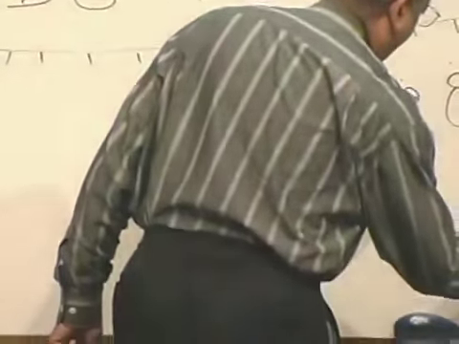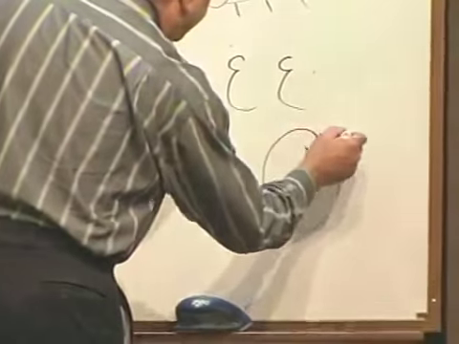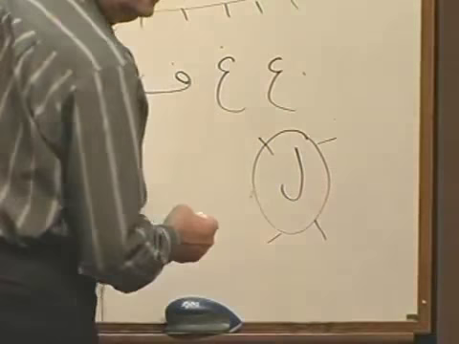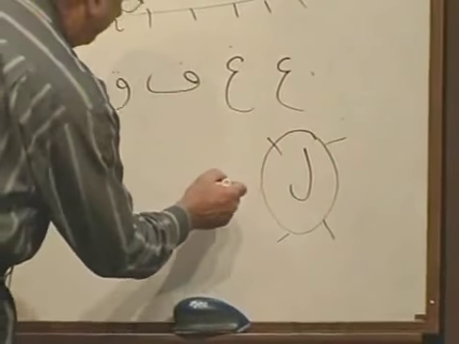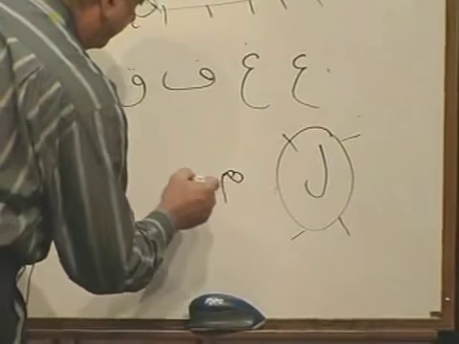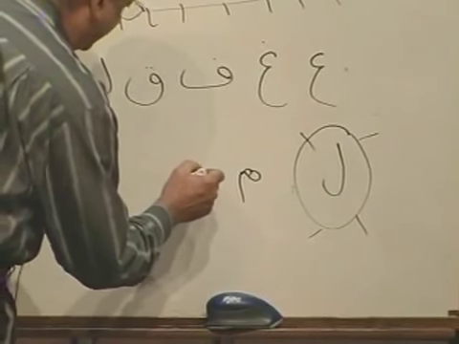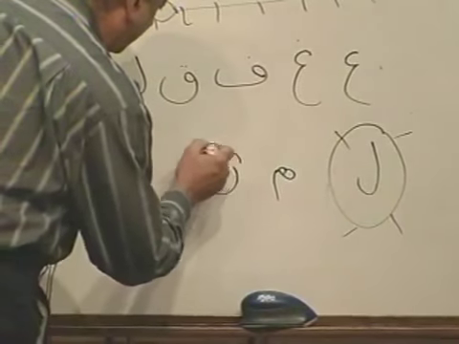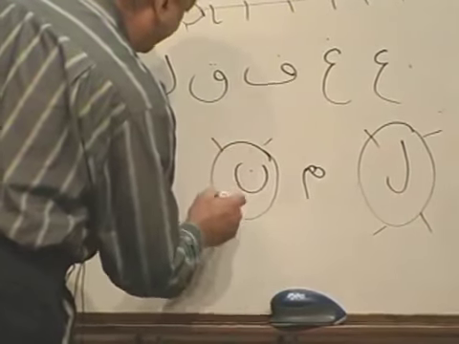Then we have Lam, also a sun. And then we have Mim, which is not sun. And then we have Noon, which is sun.